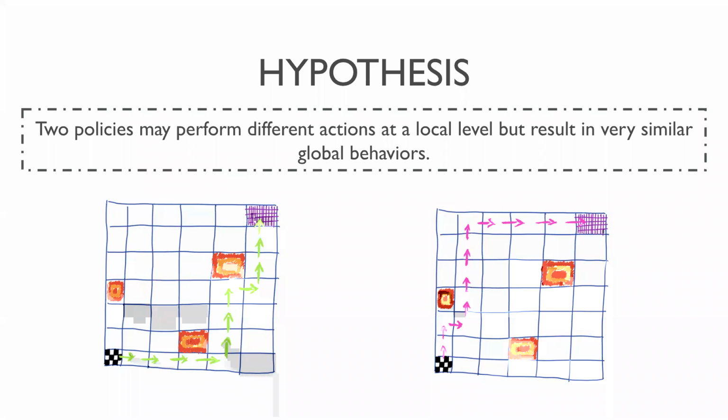If you look at the left trajectory, you see that this agent managed to not die on the lava spots and then reach the goal. The same happened on the right side. But if you look at a very fine grain, a very local level, these two solutions are very different, but they actually have the same goal, which was precisely that it avoided the lava and reached the goal.